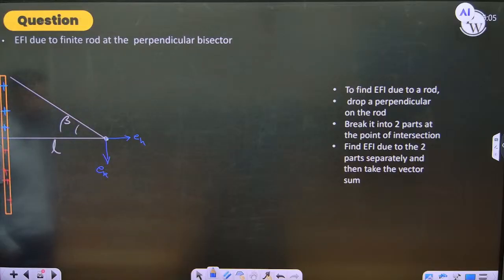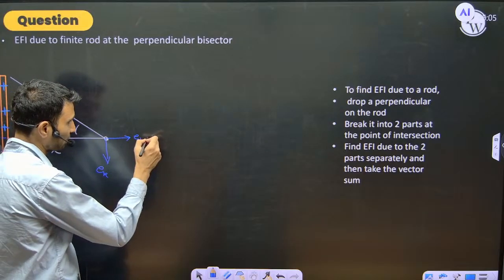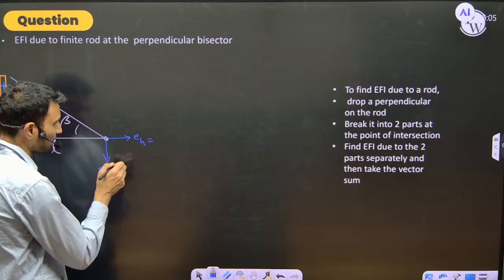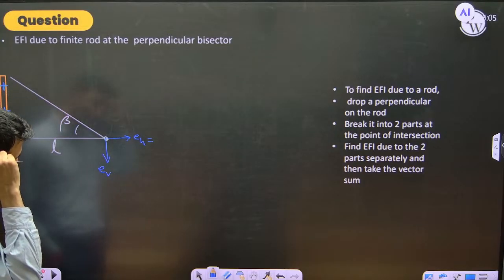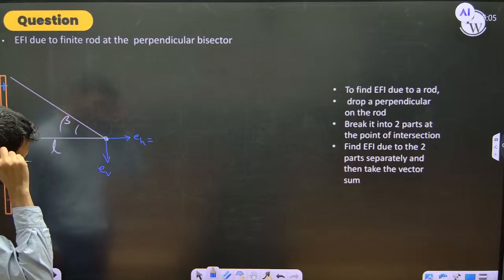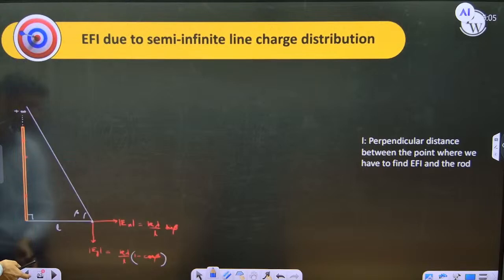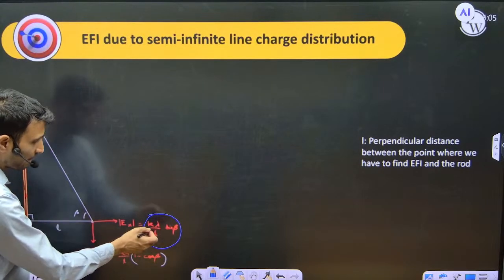And we know the value of EH, how much it is. In the horizontal direction we'll call this E horizontal, this E vertical, right? And horizontal electric field, what is the formula? We had found out in the last class. Here, horizontal is K lambda by L into sine beta.